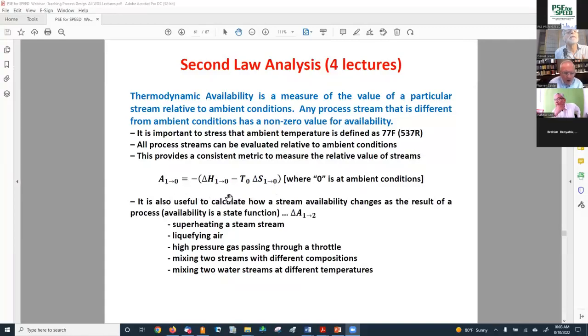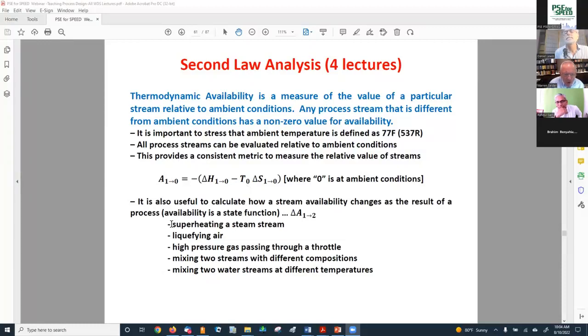Now, it's also useful to calculate how a stream's availability changes as the result of a process, because availability is a state function. It's basically delta A going from 1 to 2. The only thing that's different is T naught here is a constant, the ambient temperature.